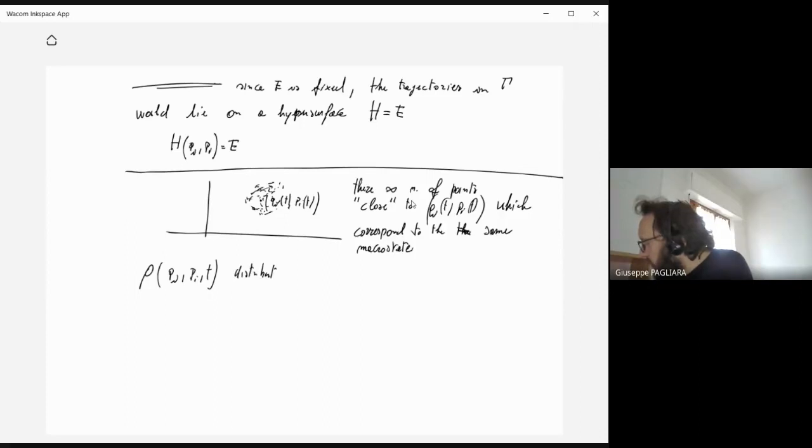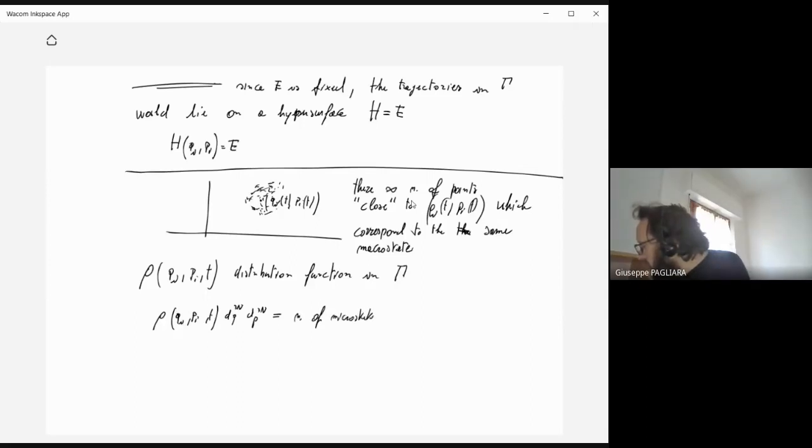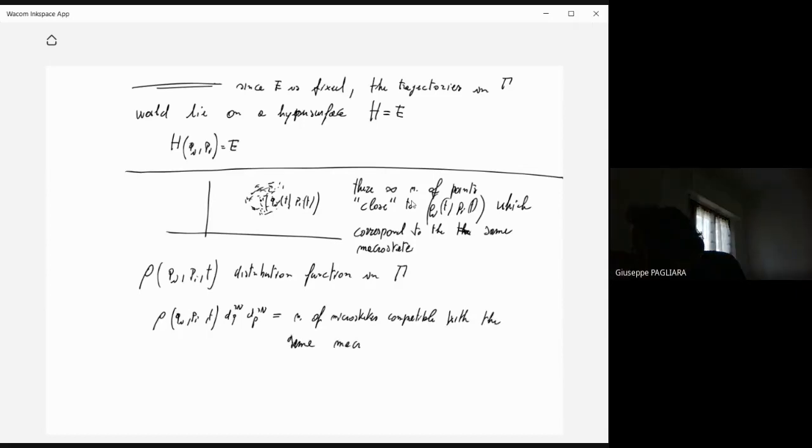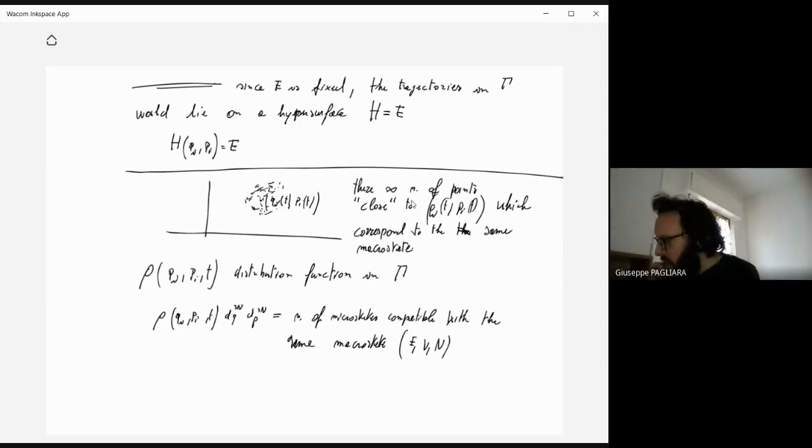This is a distribution function in the space gamma, which is the phase space, such that rho of qi, pi, t times the differential d3nq d3np provides the number of microstates compatible with the same macrostate, which was the one with a certain energy E, volume V, and number of particles N. Okay.